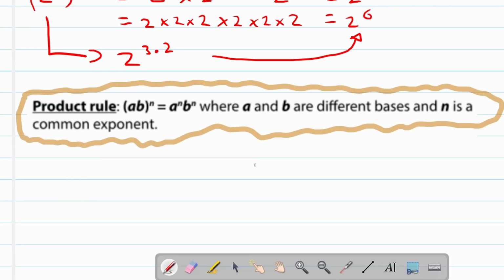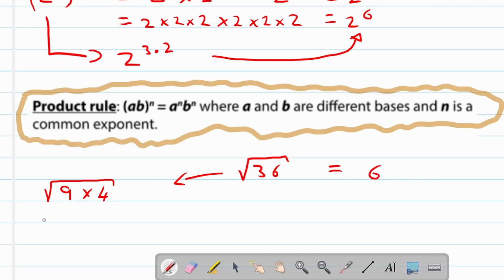I'm going to use the number 36 as an example. We know the square root of 36 is equal to 6. Okay? But we also know that 36 is the product of 9 times 4. And this is the square root of 9 times 4.